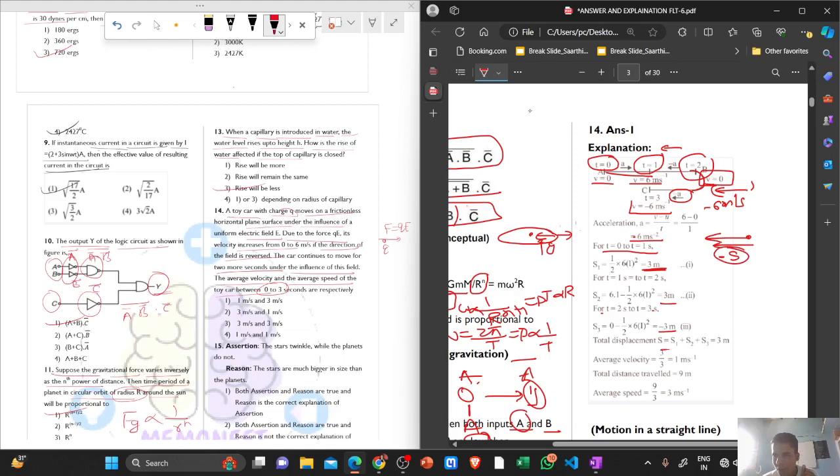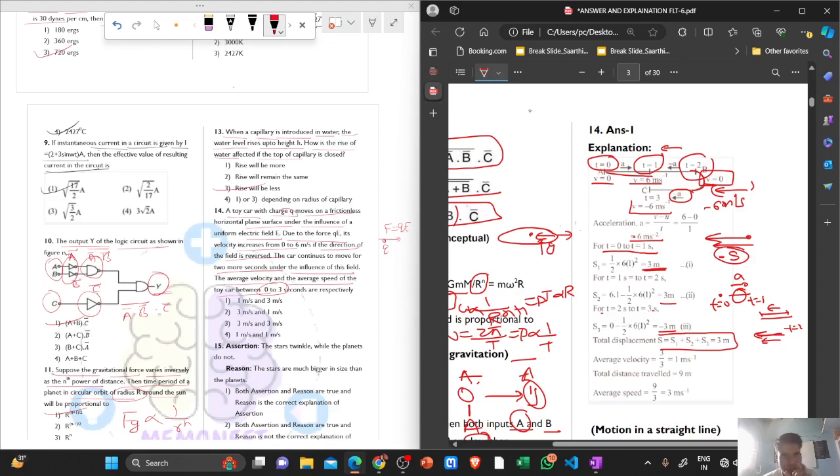From t equals 0 to 1, acceleration is forward; from t equals 1 to 2, acceleration is backward; and from t equals 2 to 3, it is moving backward. Acceleration is backward and it is moving backward too.